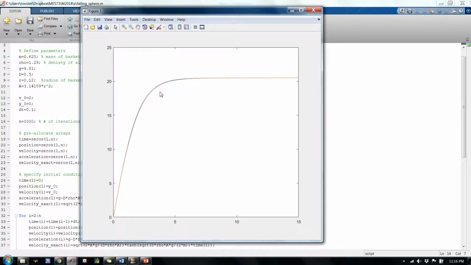If, however, you're designing an important piece of equipment that someone's life depends on, say in the medical field, then maybe a 1% difference is just not acceptable. And so these are things you have to think about when you do your computational solutions.